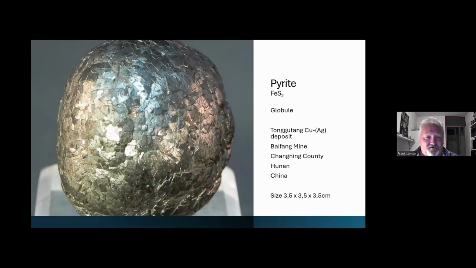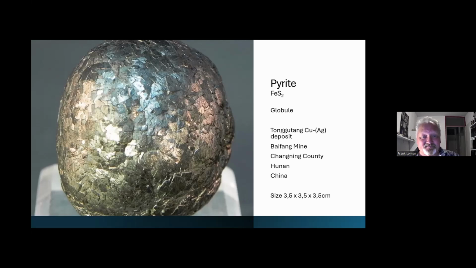This is one I obtained not too long ago. This is a pyrite globule, and you can still see the end faces of the crystals in it. So it's not actually a sphere, it's a globule, and it comes from the Tonggutang copper and silver deposit in Hunan in China. Also not a micro.